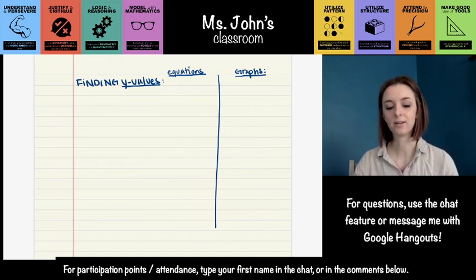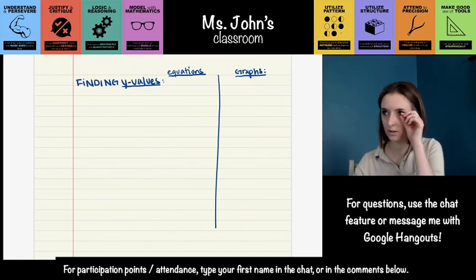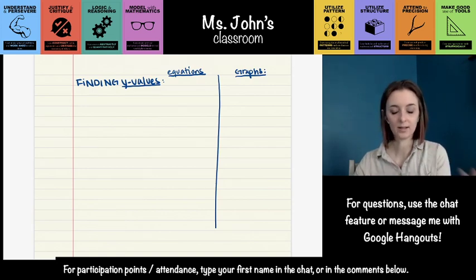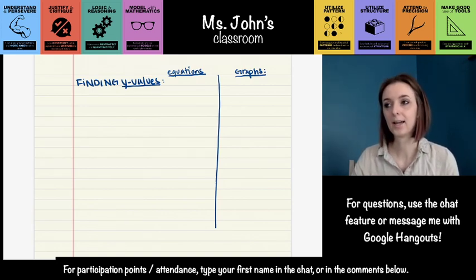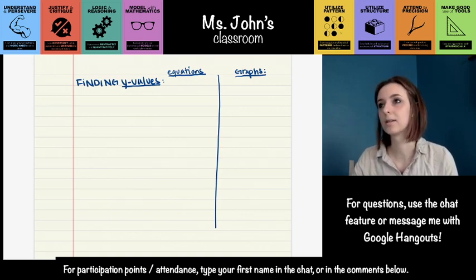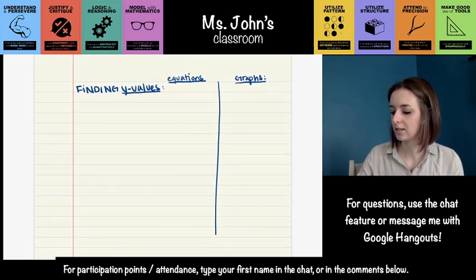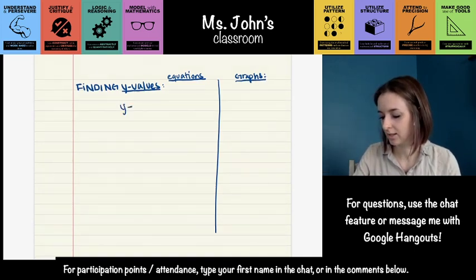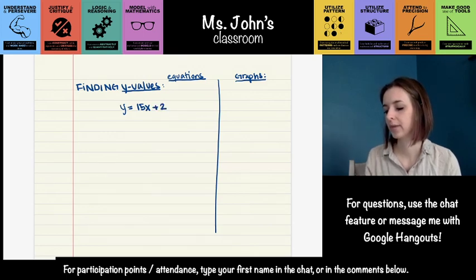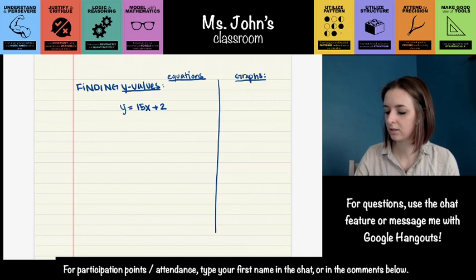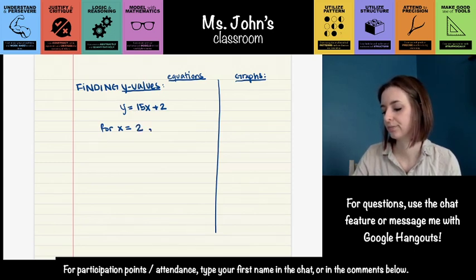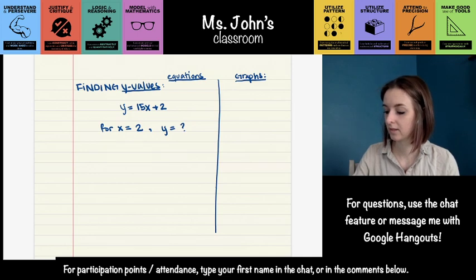For finding y values, it's pretty easy because y values are the outputs, and they will often say something like how much does it cost for 10 hours. So let's just say the equation is 15x plus 2, and they're asking, for x equals 2, what does y equal?